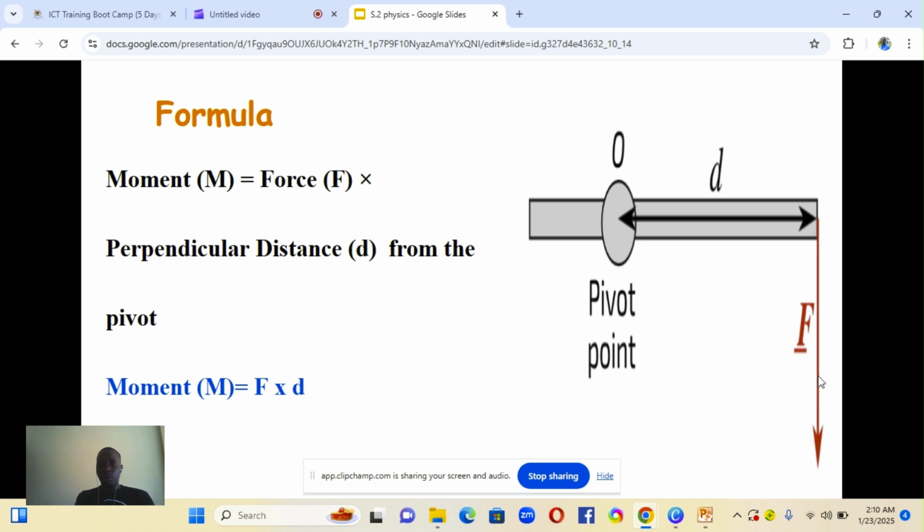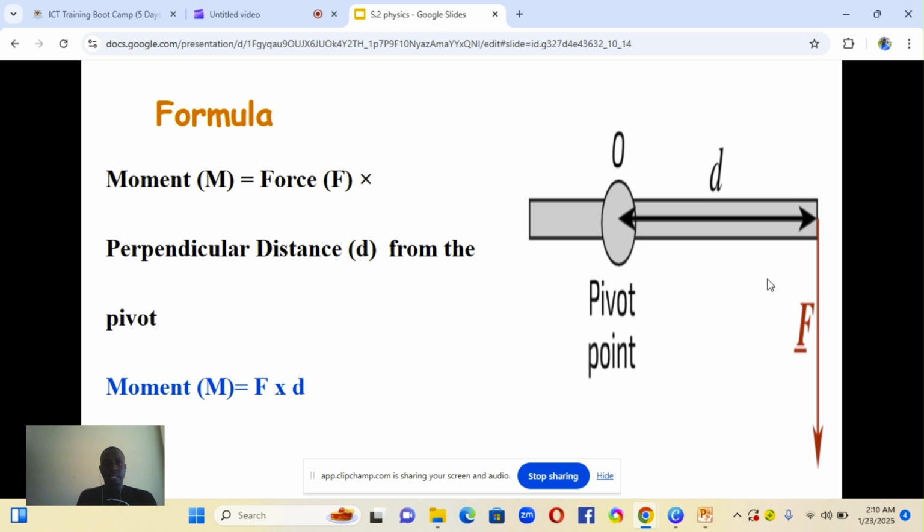The red arrow on our diagram represents the line of action of the force. So between the red arrow and this black arrow, which shows the distance d, there is 90 degrees. That's why we call it perpendicular distance.